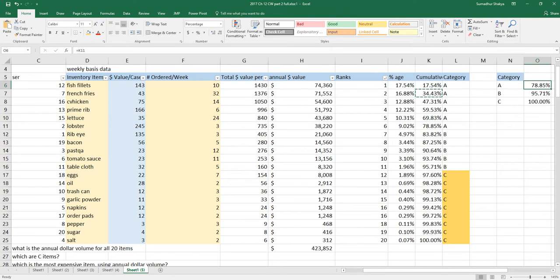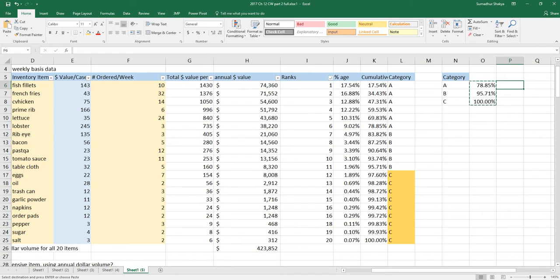In order for us to show the various bins, I'm going to say this equals to this, and then the category B alone is 95.78, yeah, and similarly category C alone contributes 4.29%.